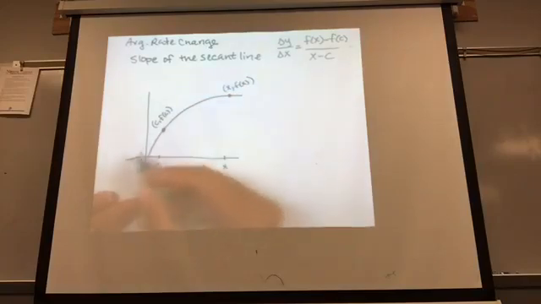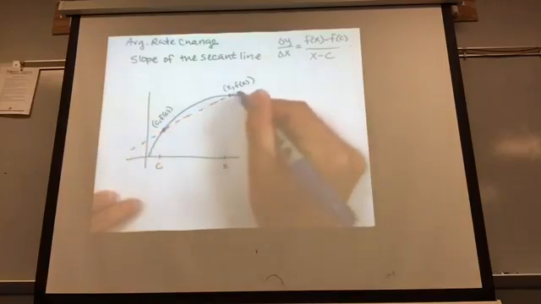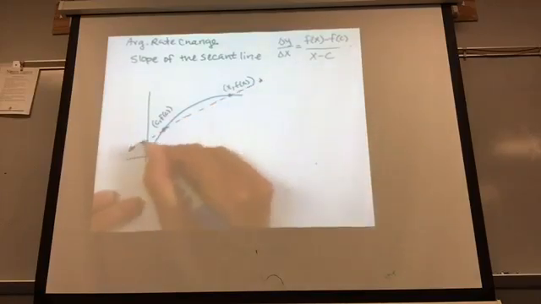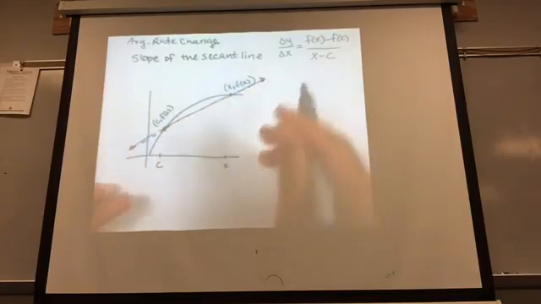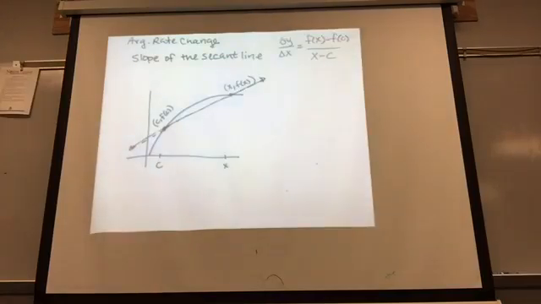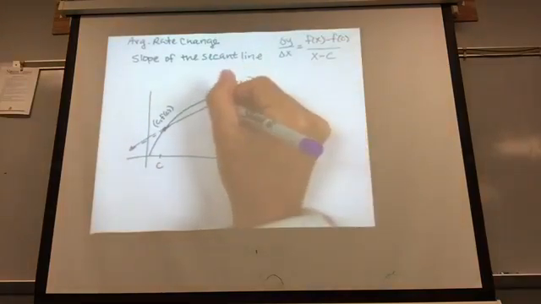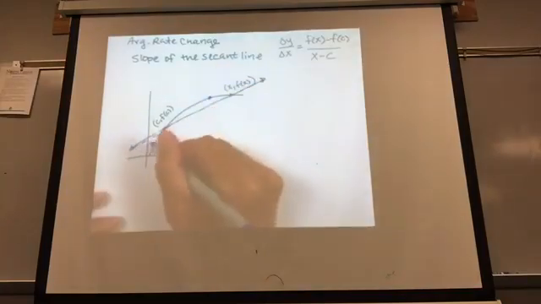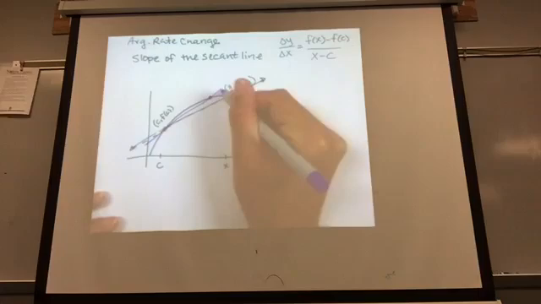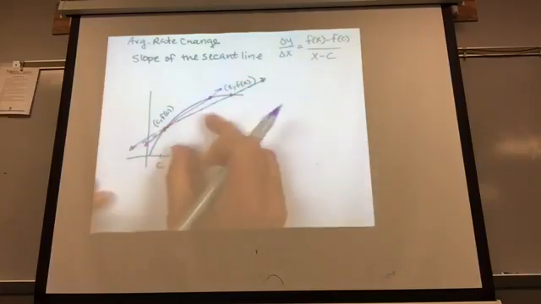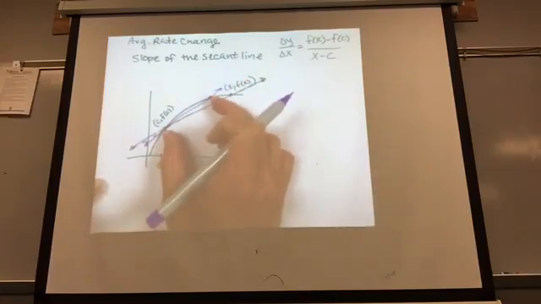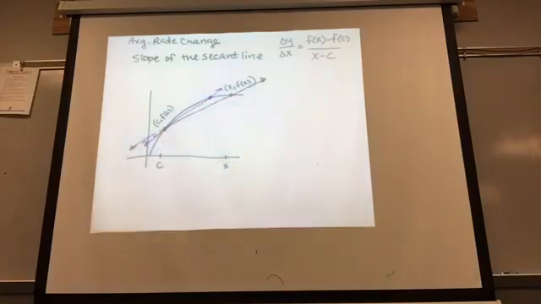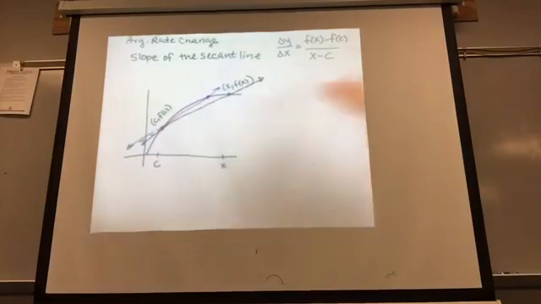If I pick other points to find the slope as an average rate, and I just get closer and closer to c, what eventually becomes of my secant line?